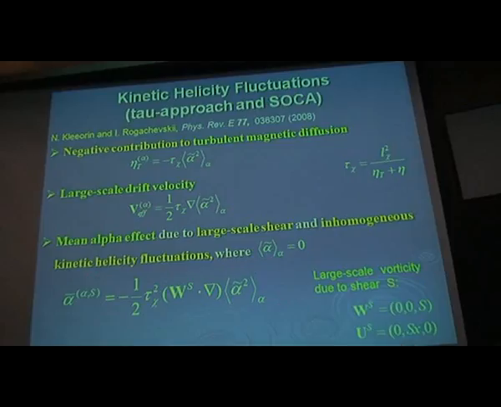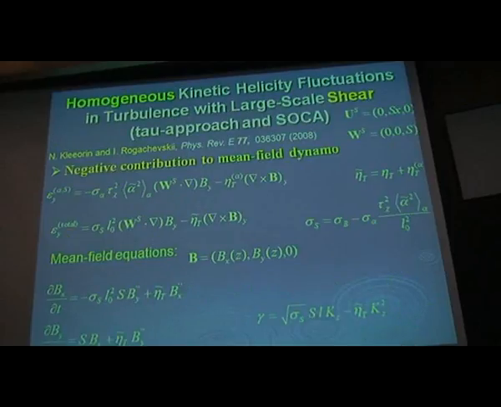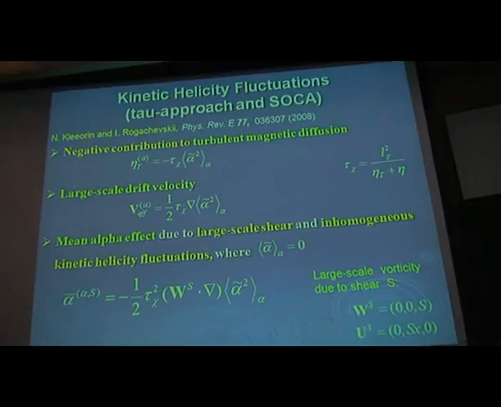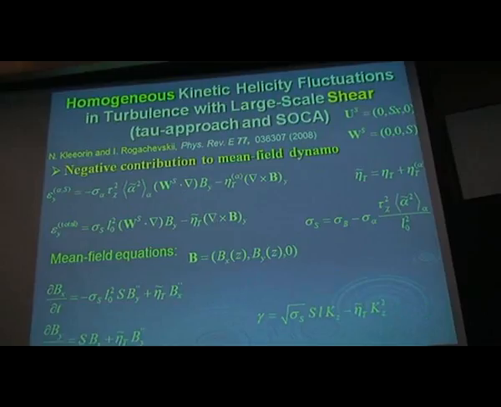And the fourth effect. If we have homogeneous kinetic helicity fluctuations, these two effects vanish, and there is, of course, a negative contribution to turbulent magnetic diffusion. And what about the effect of homogeneous kinetic helicity fluctuations on the mean field dynamo?